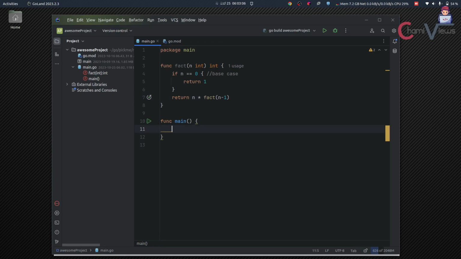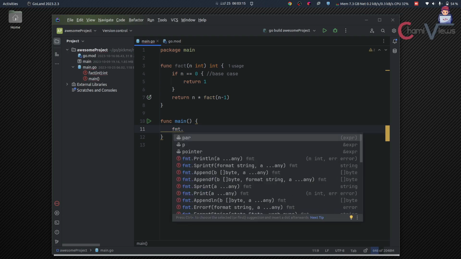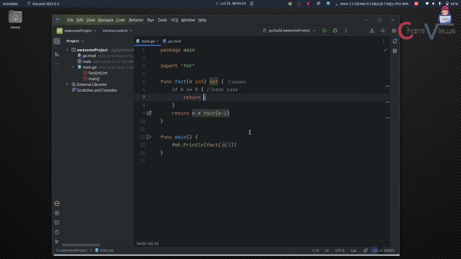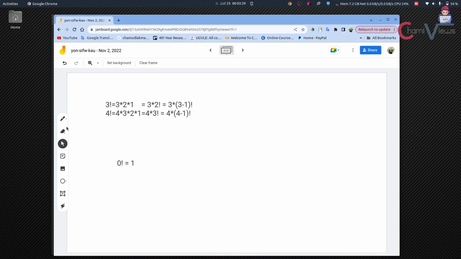Then we will show a demo example for you: fmt.Println(fact(3)). What is the output of factorial 3? I will demo that here.